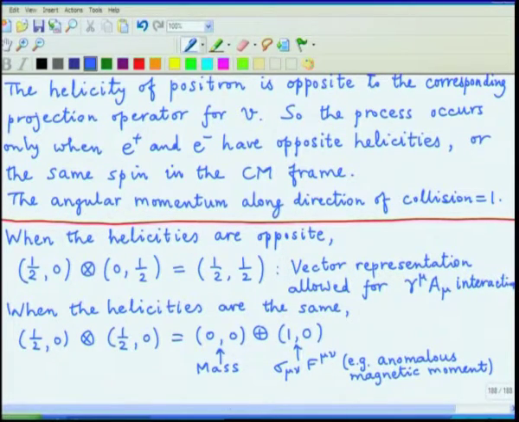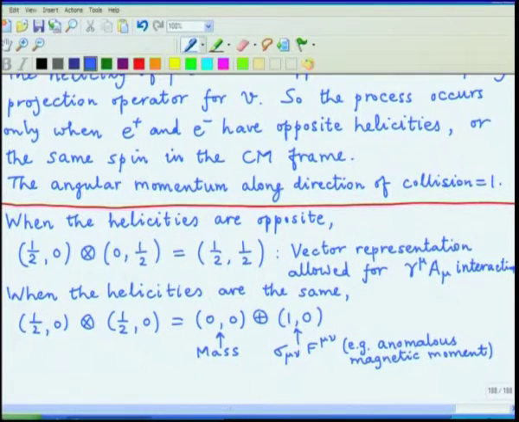In our case, the anomalous magnetic moment does not appear in the tree level calculation which we have done, but the mass term is still there, and that does contribute.